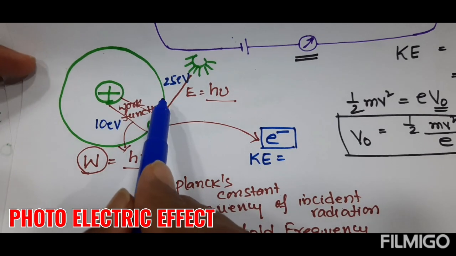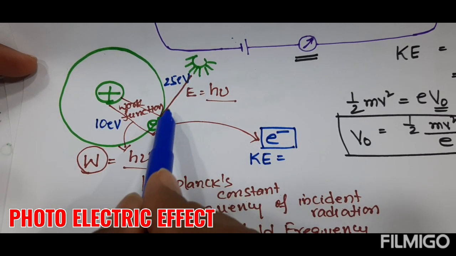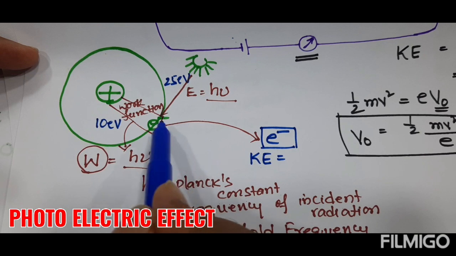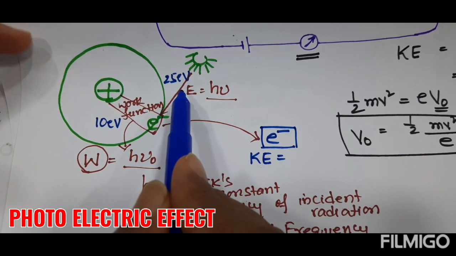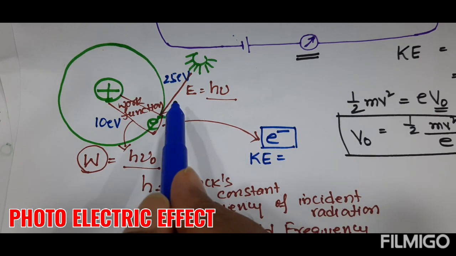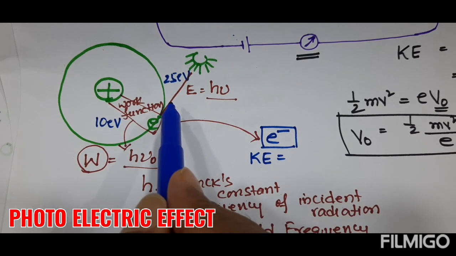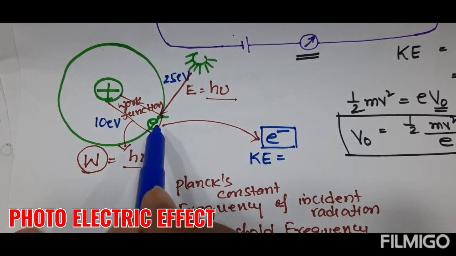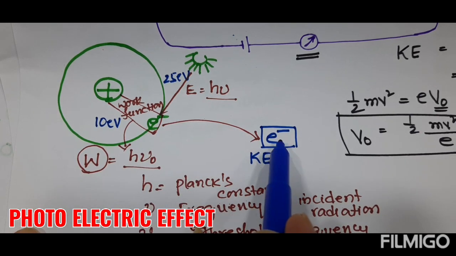Students, you have to assume generally the incident radiation may be utilized in different ways, in different work processes. Some of the energy is utilized for collision and some for excitation, but here we consider all the energy is utilized only for two purposes: one is the work function and the other is the kinetic energy.